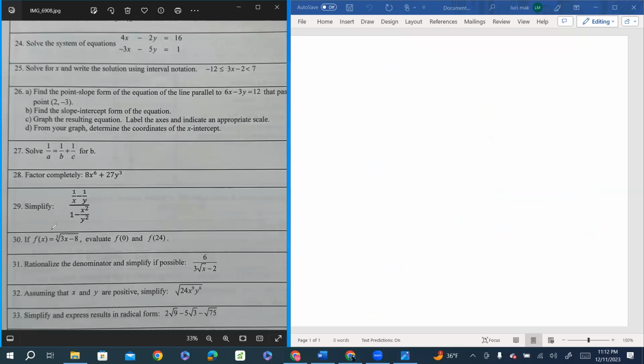Let's look at what number? Let's see. Number 30. So number 30, we have f of x equal to the cube root of 3x minus 8. We want to find f of 0.